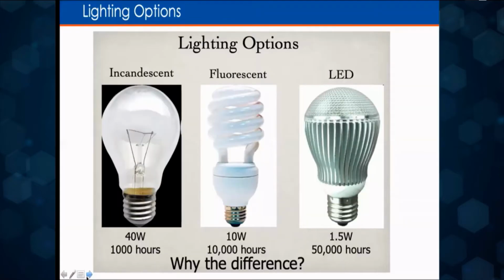Going forward, look at the lighting options we currently have. Thanks to Edison, we have used the incandescent lamp for more than 100 years.